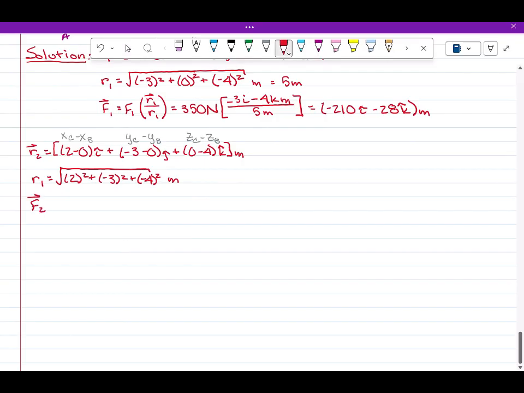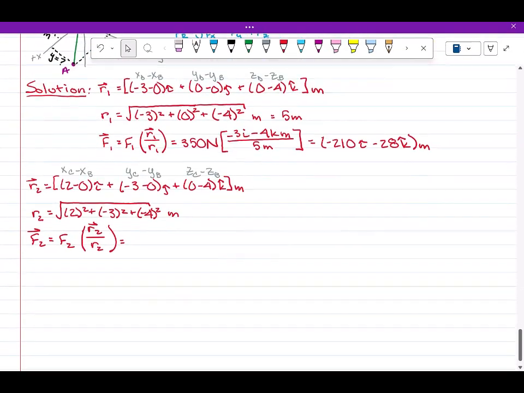Finally, to find the vector F2, we multiply the magnitude of F2, which we're given as 250 newtons, times the ratio of the position vector divided by the magnitude of the position vector. So we have 250 newtons times (2i minus 3j minus 4k) divided by 5.38516 meters.